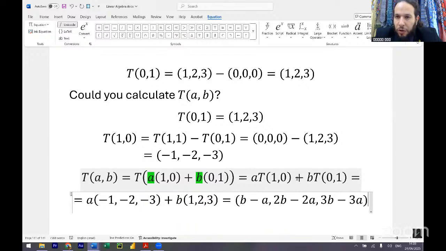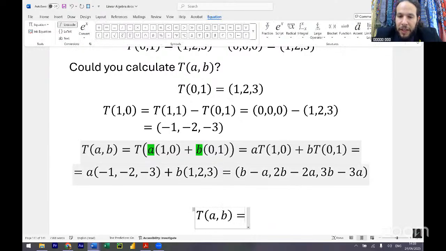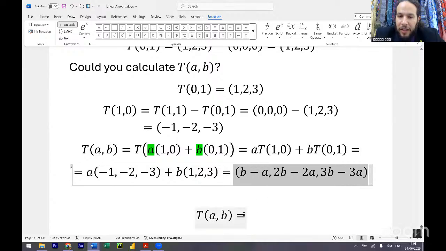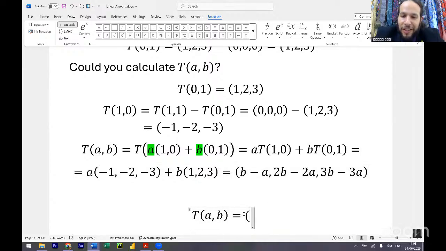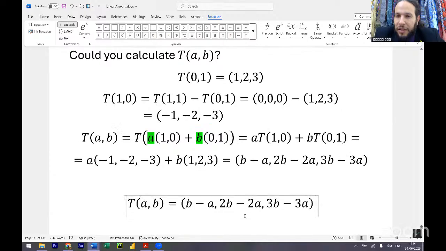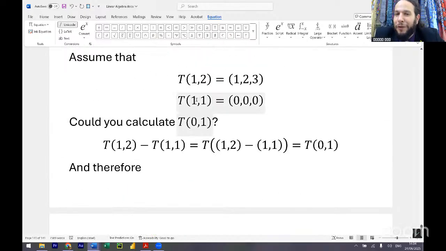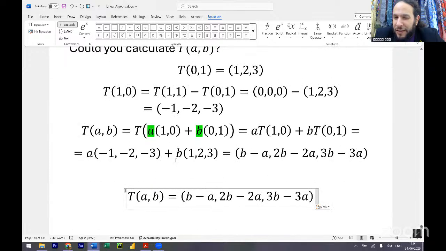So that is all together the function T of (a, b). We can write it in short as, I'm not sure in short would be helpful. And you can plug in the original vectors and check that you're not mistaken, right? If we plug in (1, 1), what do we get? What is T of (1, 1)?